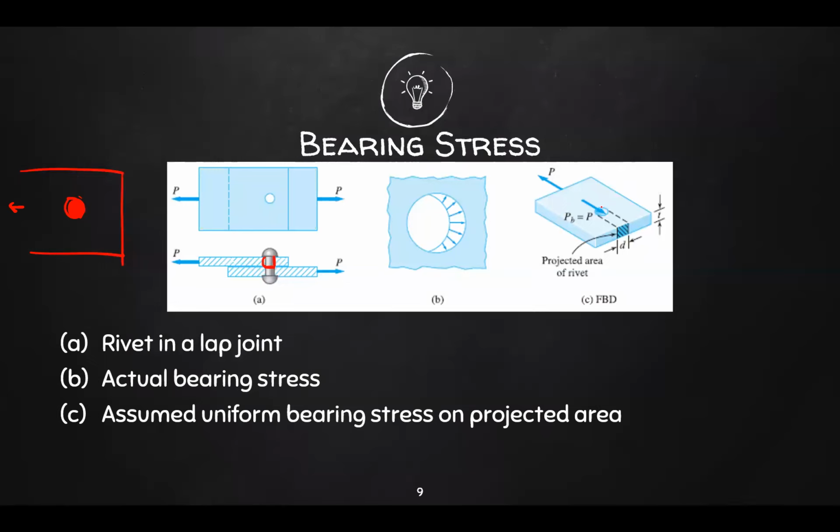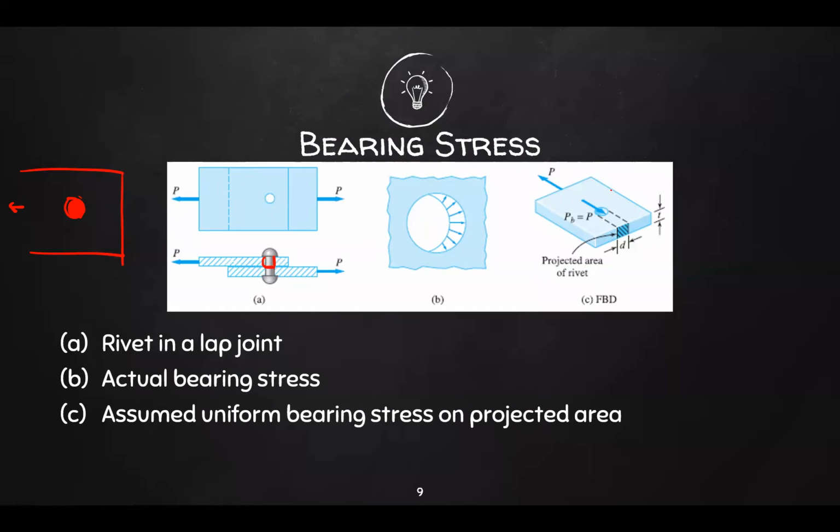So this is the diagram that we're actually using in solving problems. We have your hole there. The actual area is the contact area between your rivet and your lap joint, that's the actual area experiencing bearing stress. But again, we're not going to use that. We're going to use a projected area.